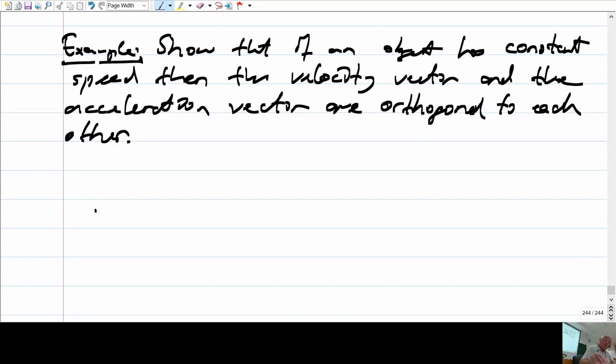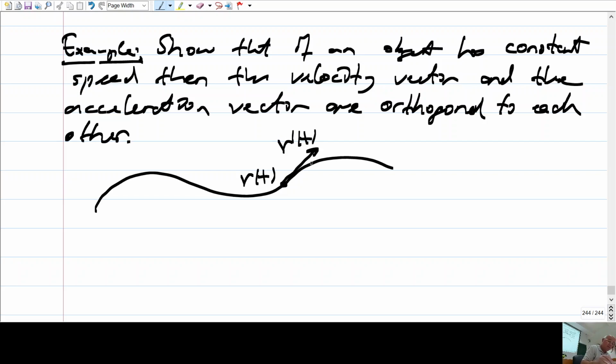Okay, so if you have an object with a constant speed at any point, let's say r(t), at this point you have velocity vector r'(t), or let's say v(t), and then we have the acceleration vector.